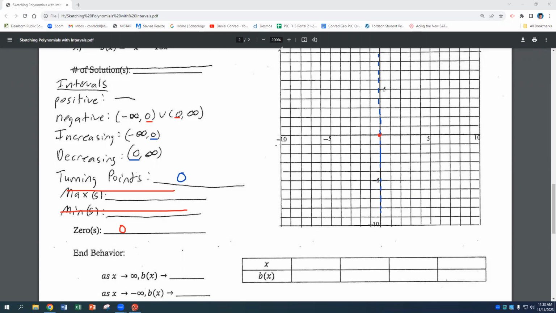So when I graph this, I start negative, from negative infinity to 0, which means I have to go up. When I hit the x-intercept at 0, I'm also hitting the turning point, so I go from increasing to decreasing. Whenever you hit a turning point, you go from increasing to decreasing or decreasing to increasing.